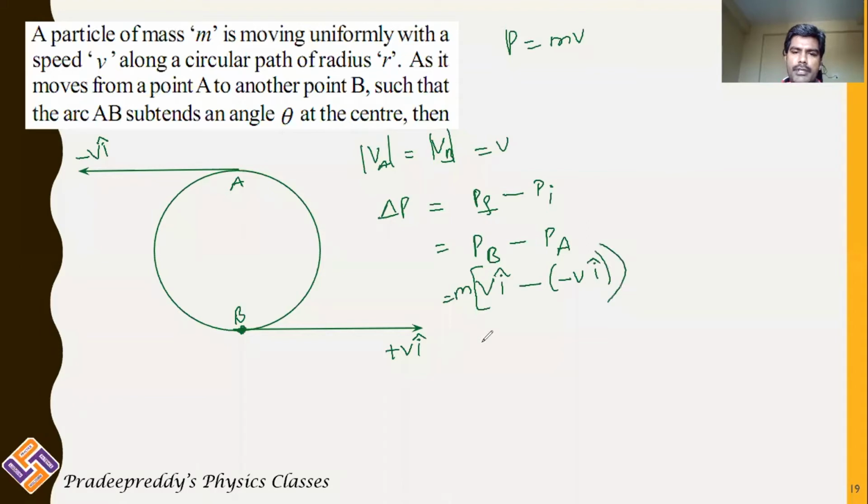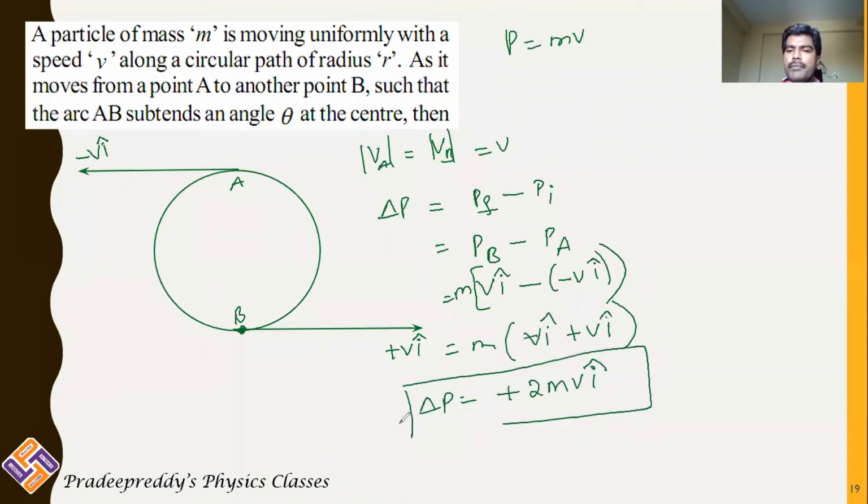This gives you m into V I cap plus V I cap, this is plus 2 times mv I cap, that is change in the momentum. So change in the momentum is twice that of the momentum at position A as well as momentum at position B. So this is the way you need to find out change in momentum for a particle which is moving in a circular path.